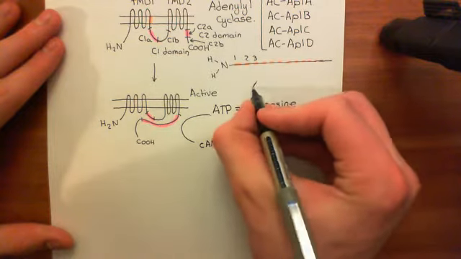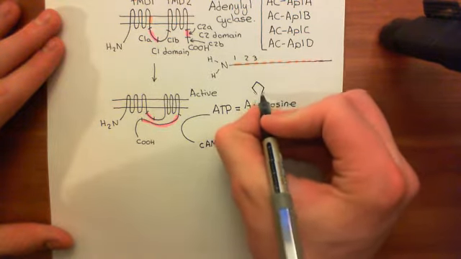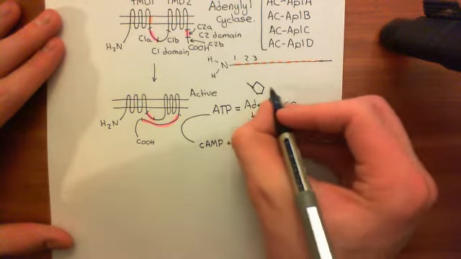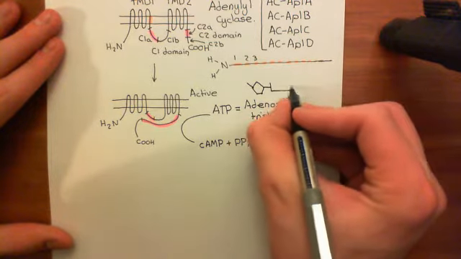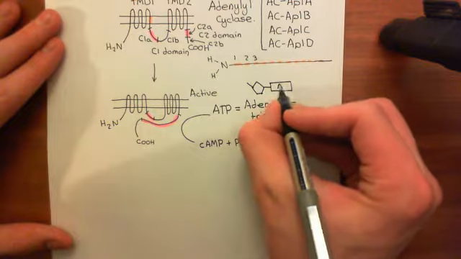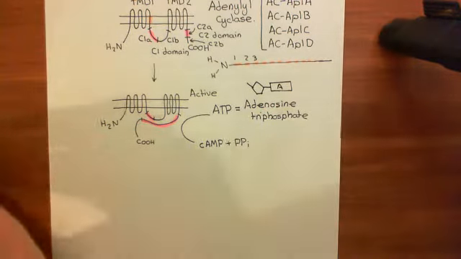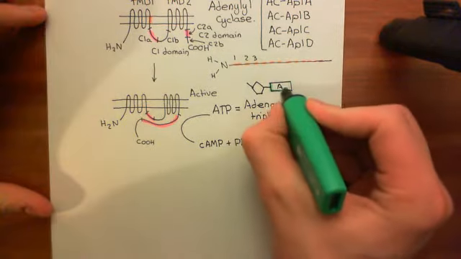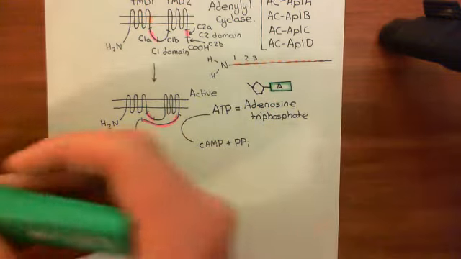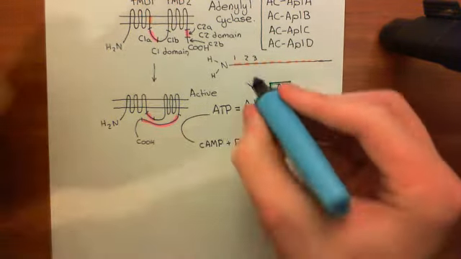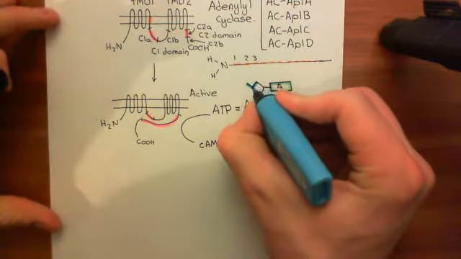Okay, so basically adenosine means adenine bound to a ribose sugar. So the organic base adenine, which I'm just going to demote to being represented as a green rectangle, bound to a ribose sugar, that is what is known as adenosine.